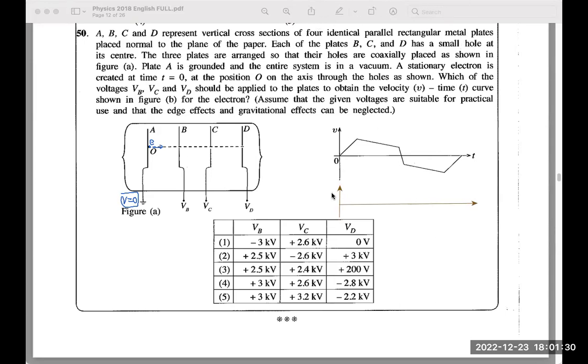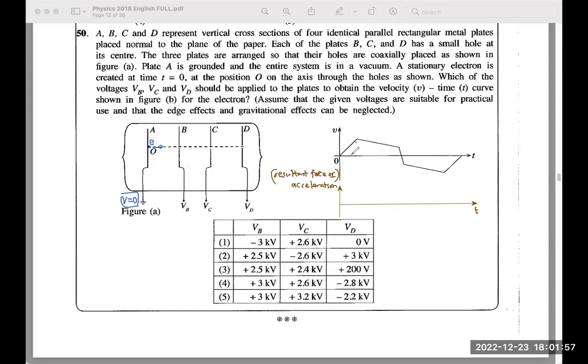For this, let's try to draw the acceleration time graph. Can someone tell me what is that? Acceleration or resultant force? Resultant force or acceleration time graph, they both will have the same shape. Hope you can agree with me on this.